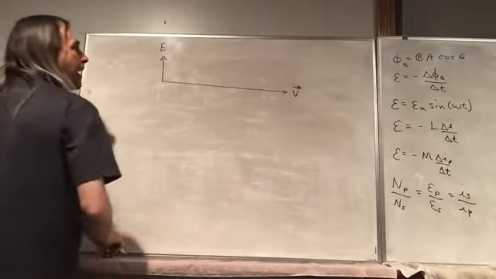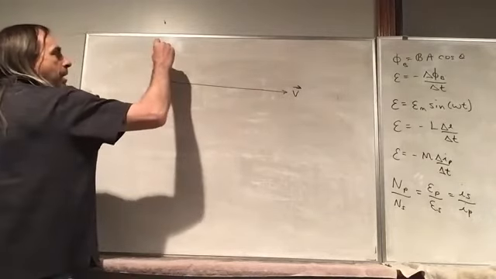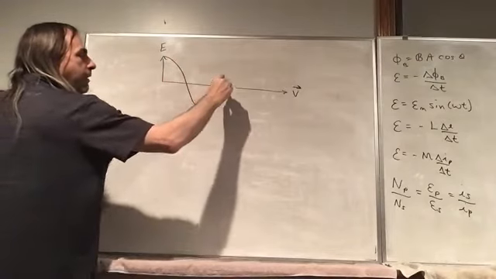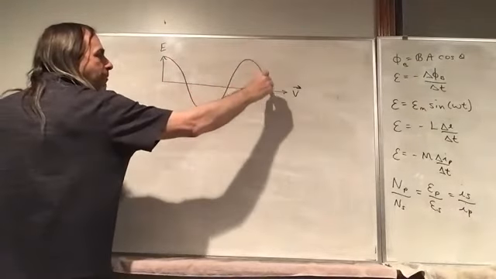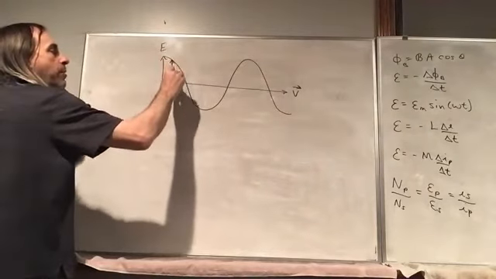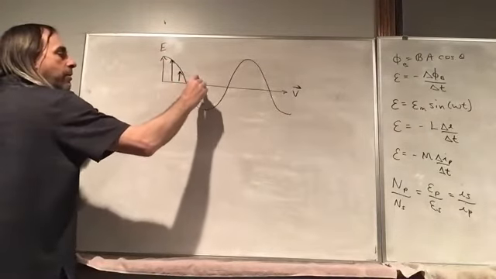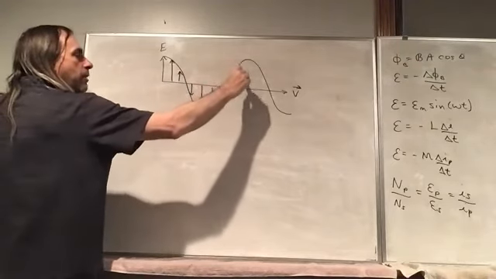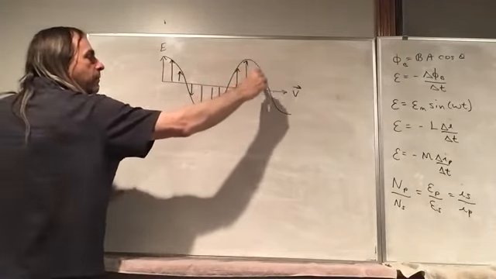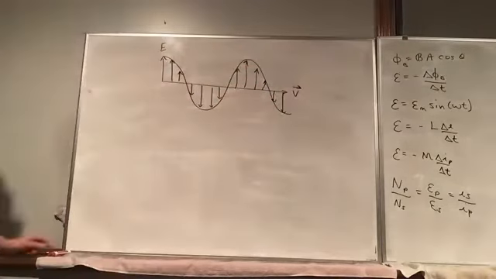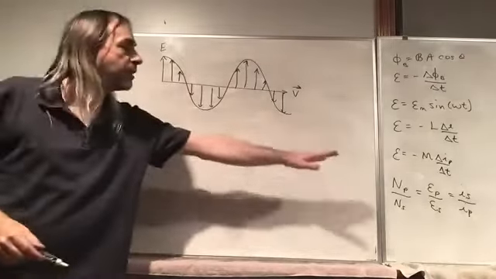So if you were to take a picture of a wave, it might look like this. The electric field would be a sine wave. This would just be at one moment in time, a snapshot, so the whole wave is moving to the right.